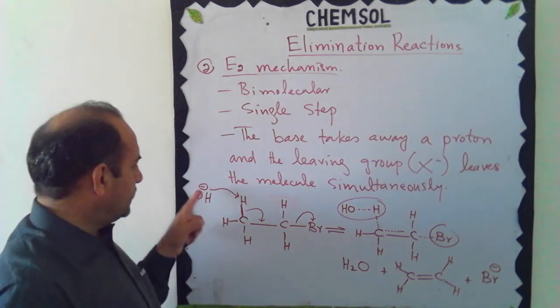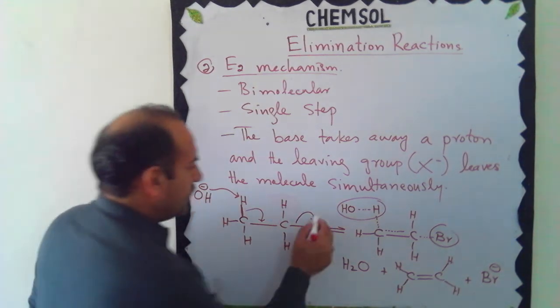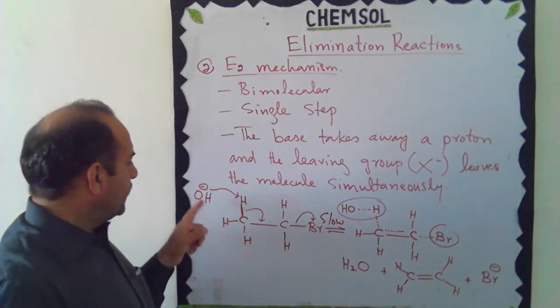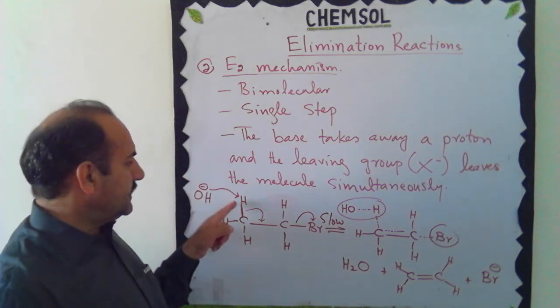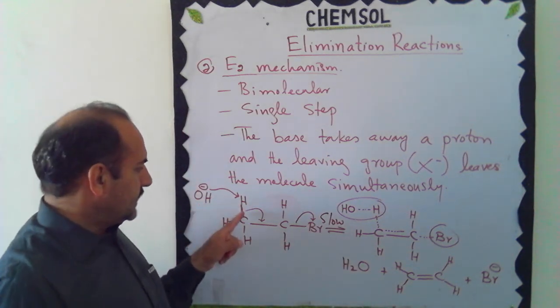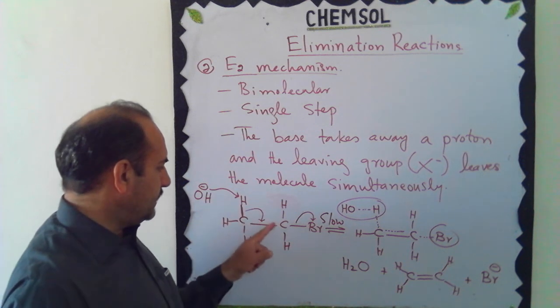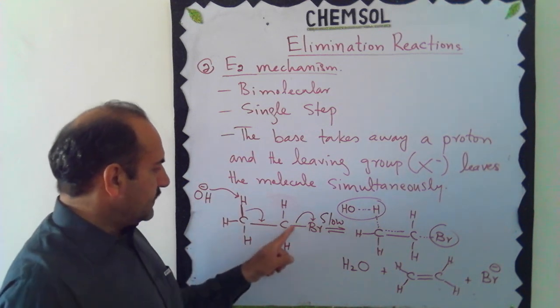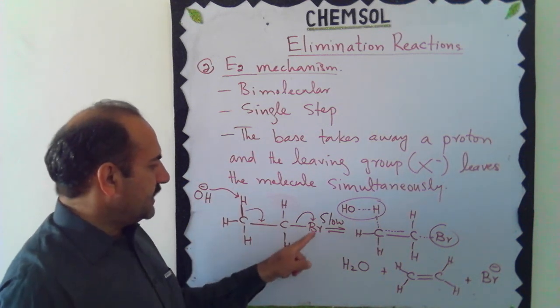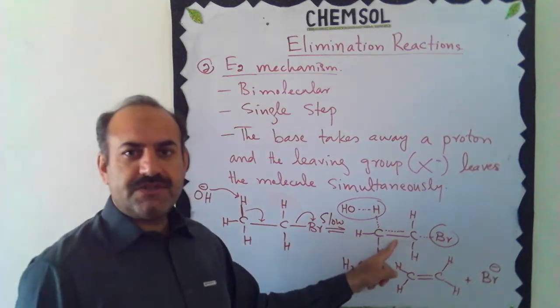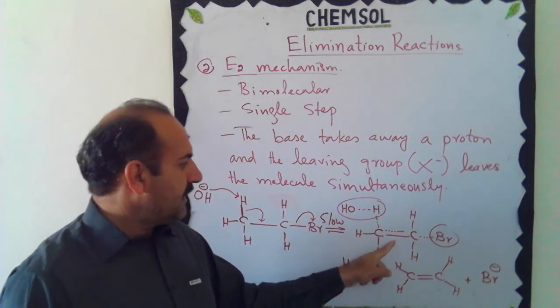You can see that this one is a slow step, and the whole step is a slow one. The base is taking the proton. The electrons of CH bond are going towards the CC bond, and the CBr electrons are taken away by the bromide ion. There is a state which is an intermediate.